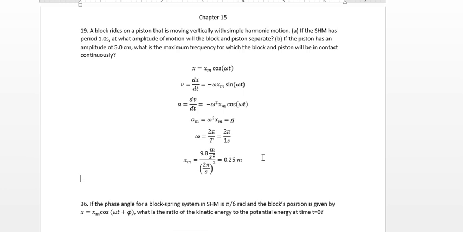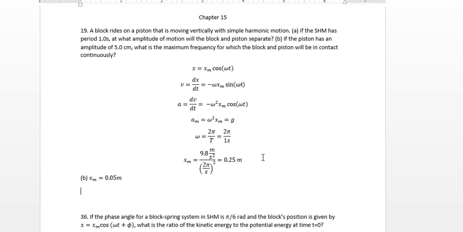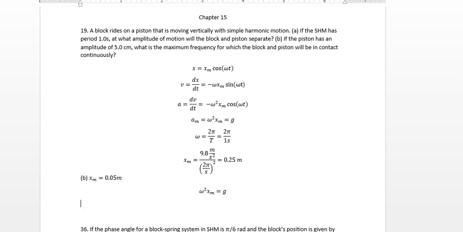All right. Part B is, if the piston has an amplitude of 5 centimeters, so now x max equals 0.05 meters, what is the maximum frequency for which the block and piston will be in contact continuously? Well, it's the same problem. We're still looking for omega squared x_m equal to g, but now we're solving for omega.